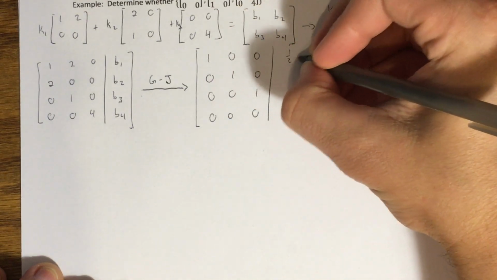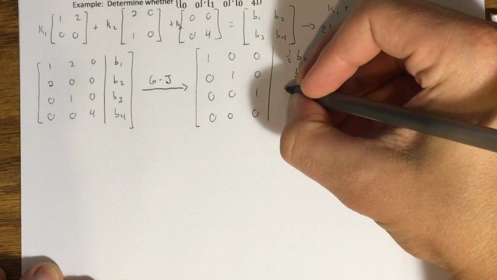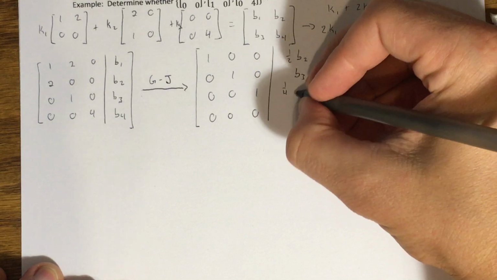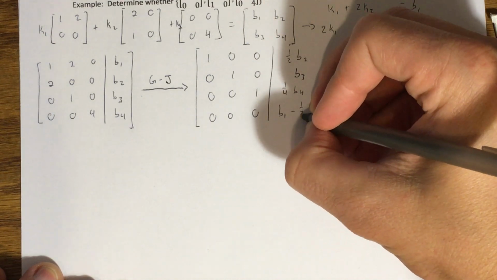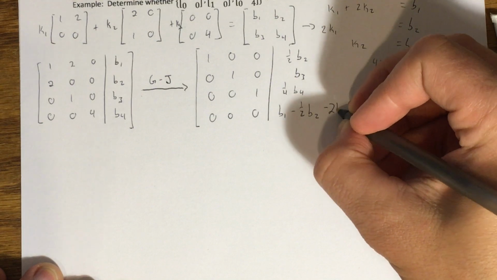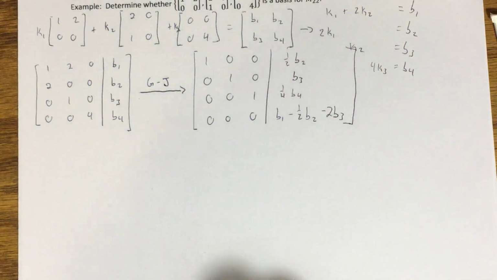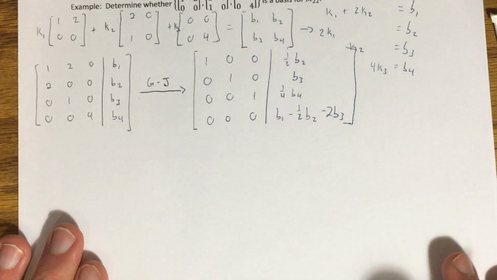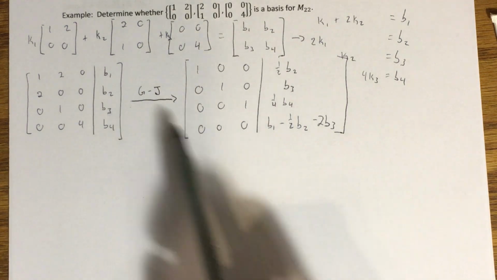And then what I'll end up with here is 1/2 B2, B3, 1/4 B4, and B1 minus 1/2 B2 minus 2 B3. Whoop. Okay. Got a little bit cramped there. Sorry about that. So, a couple of things.